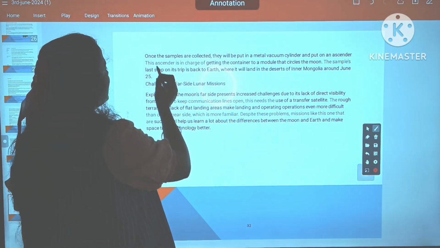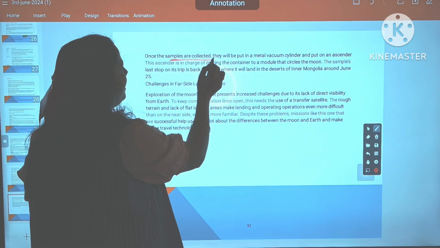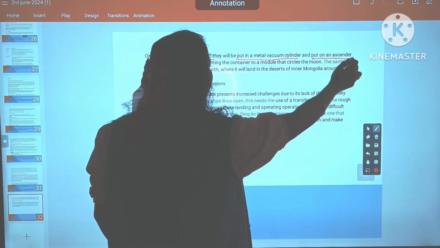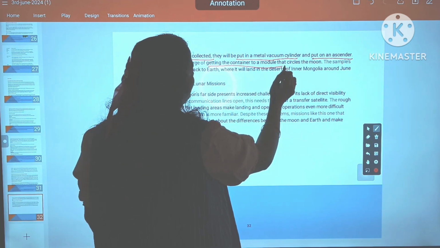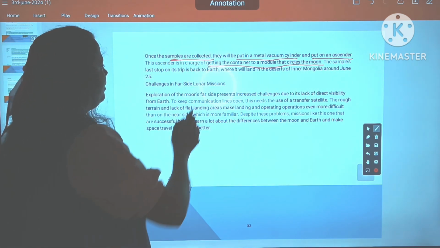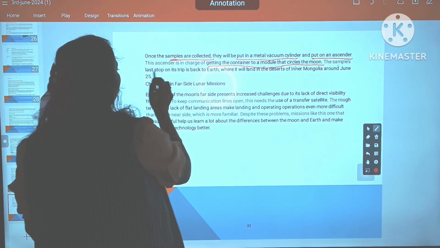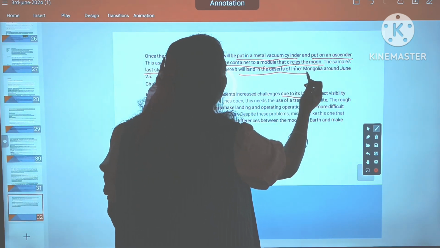Okay, once the samples are collected, they will be put into a metal vacuum cylinder and put on an ascender. The ascender is in charge of getting the container to the module that circles the moon. The sample's last stop on its trip is back to Earth, where it will land the dirt.